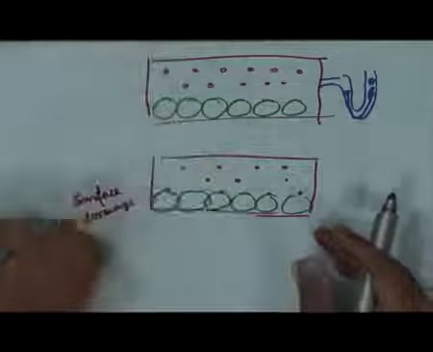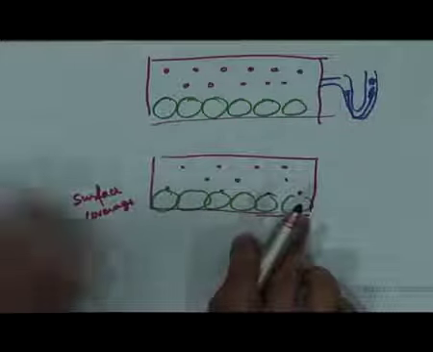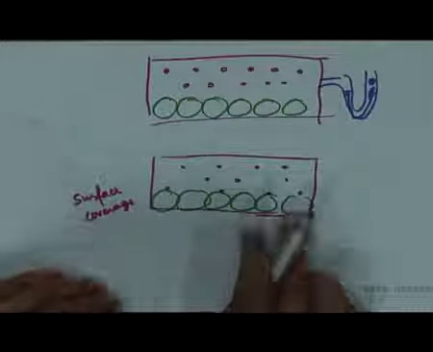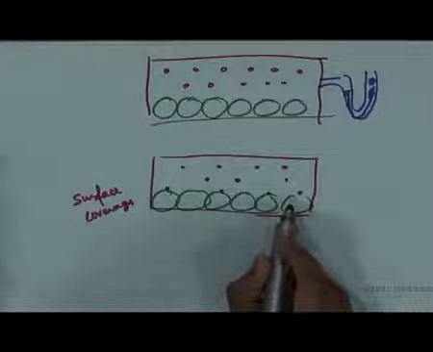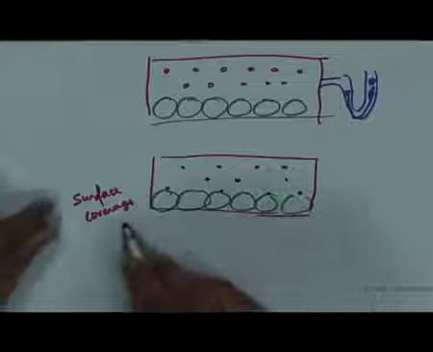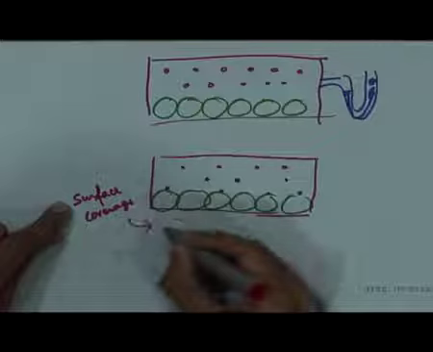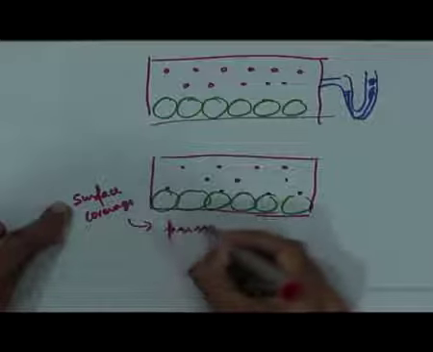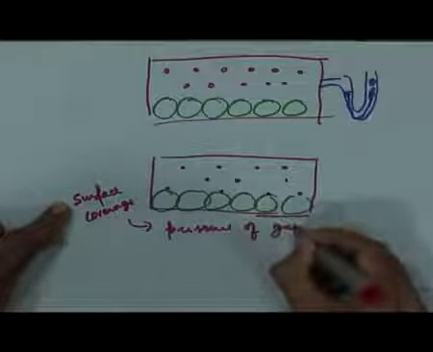In this case we have 6 surface molecules of the solid, and we have 4 covered, which means that the surface coverage is 4 over 6. We are going to relate the surface coverage to the pressure of the gas above the surface.